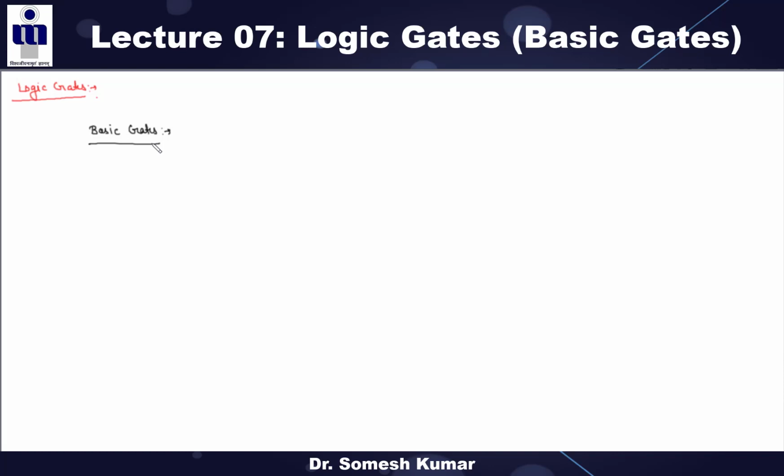The purpose of minimization is to minimize the number of basic gates required to implement that particular function, right? There are three basic gates: NOT, AND, and OR. These are the three basic gates used to design any Boolean function.